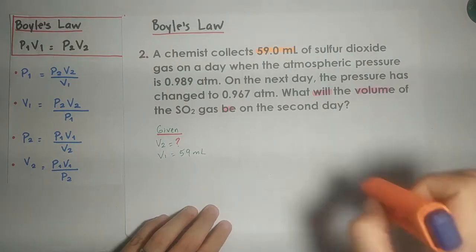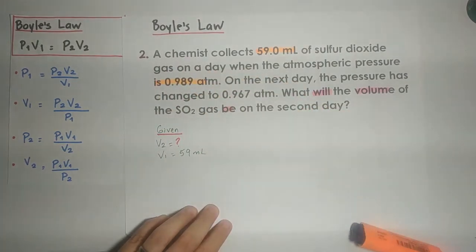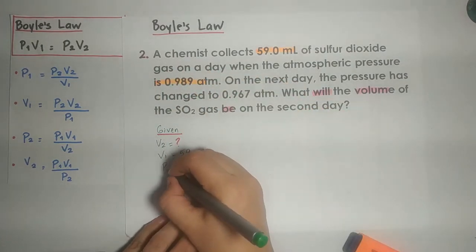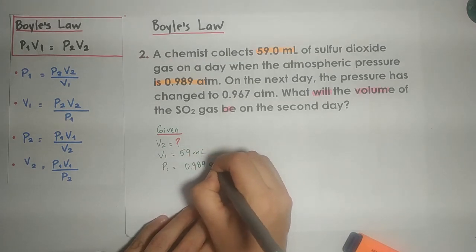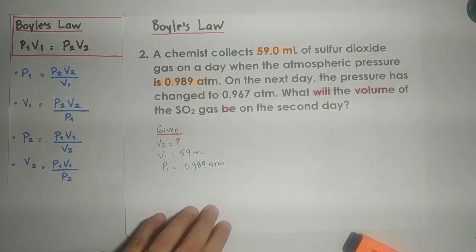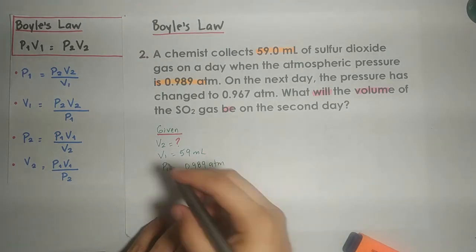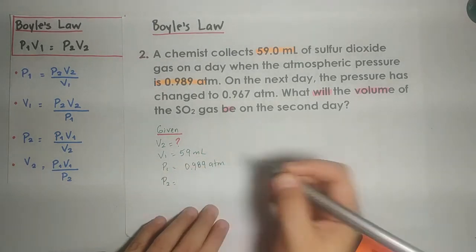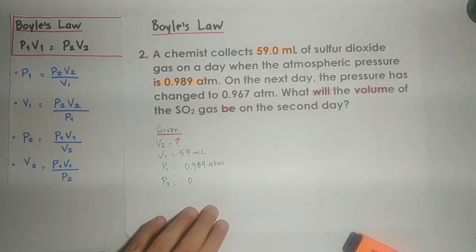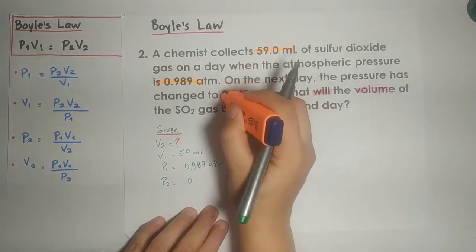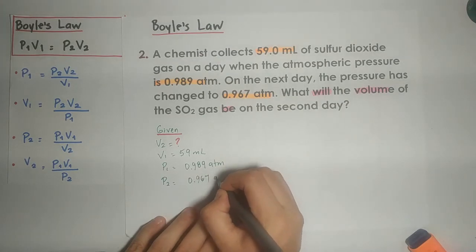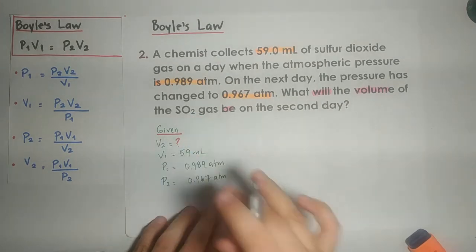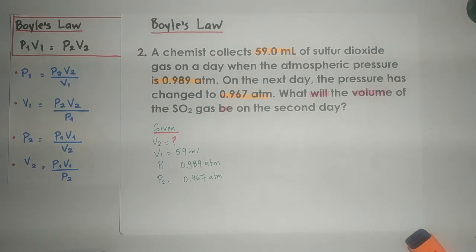It's giving me atmospheric pressure initial 0.989 atmospheres. Next day, that means after, so pressure 2 is 0.967 atmospheres. What will the volume be?